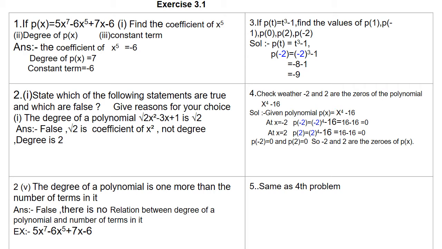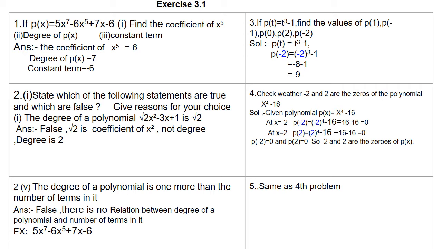Now observe the fifth statement. The degree of a polynomial is 1 more than the number of terms in it. This statement is also false here. For example, here 5x to the power of 7 minus 6x to the power of 5 plus 7x minus 6. Now observe how many terms are in this polynomial. There are 4 terms here.